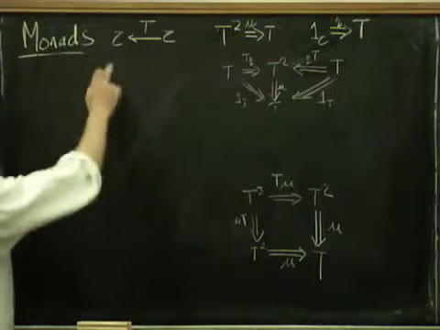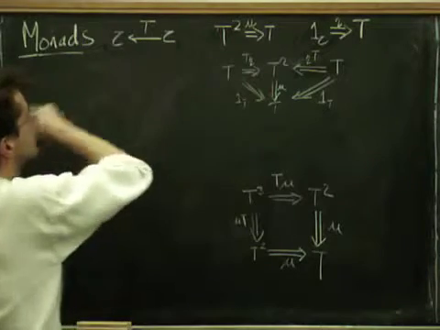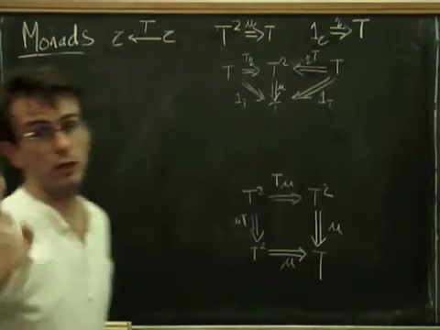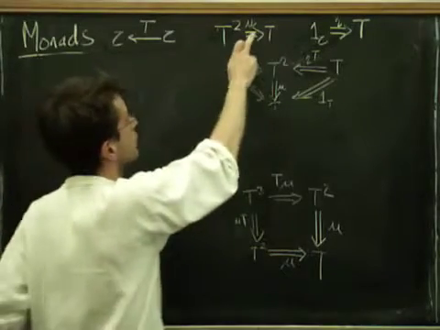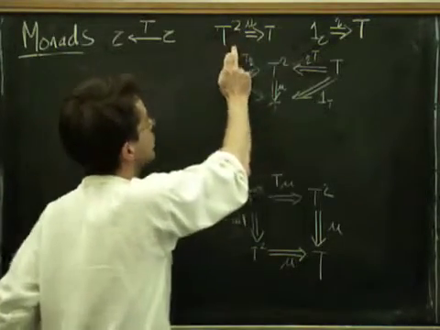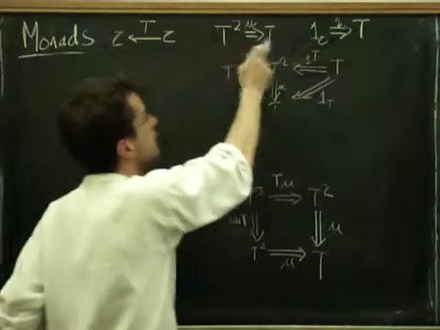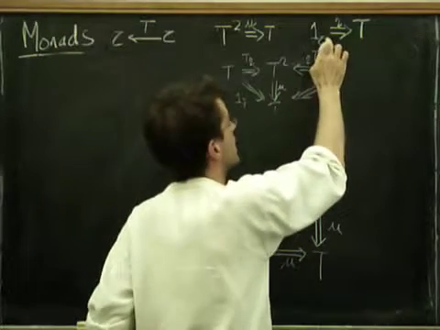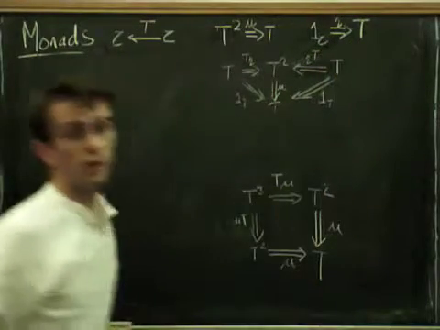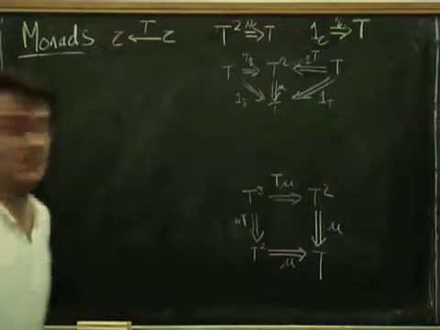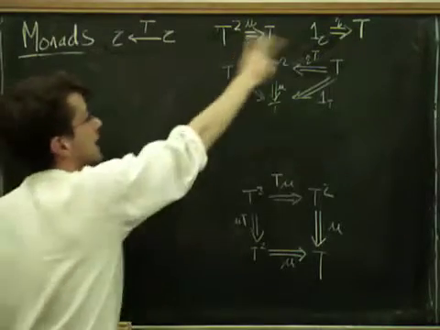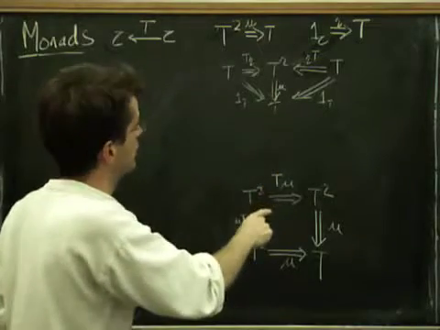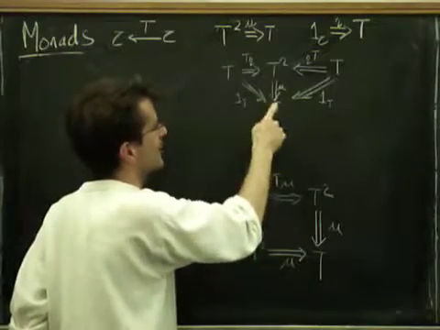So recall that a monad is a functor T from C to C together with two natural transformations. We've got mu, the product or multiplication, natural transformation from T squared to T, and eta, which is the unit, which is a natural transformation from the identity on C to T. And these have to satisfy two relations, which are, I guess, triangle equalities.